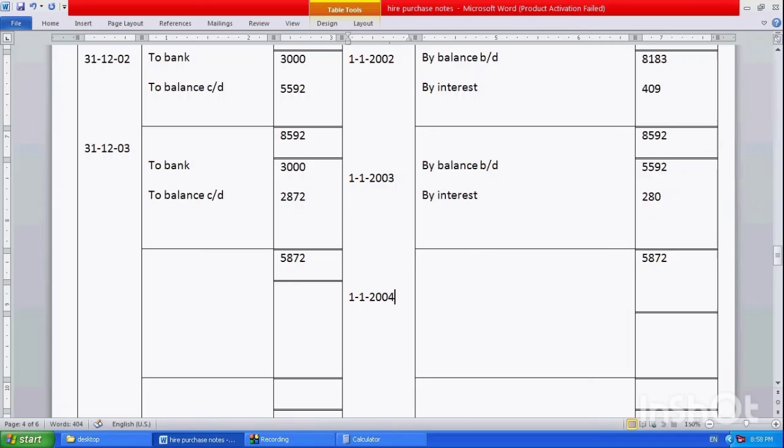So let's see the last, 1st January 2004, to balance brought down, 2,872. 2,872 is the balance brought down. Now we have to take the interest.